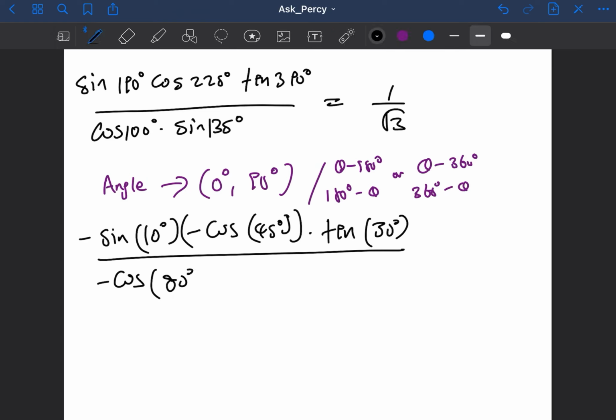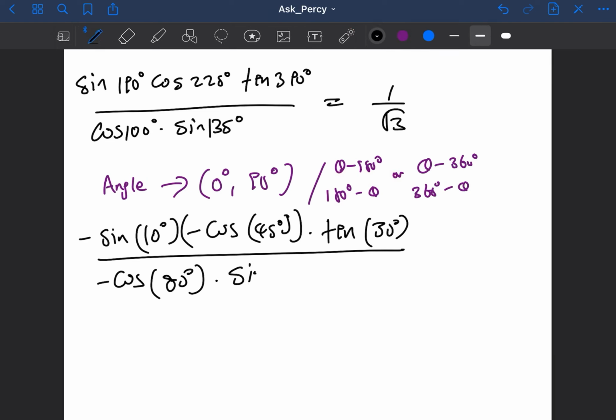Remember, we don't want a negative angle, so we couldn't use 100 minus 180, because we'd have negative 80, and we don't want that. We just want a positive angle that is between 0 and 90 degrees. So that's why I just chose to use 180 minus theta.